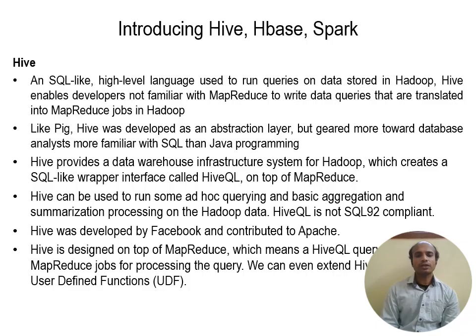Hive is an SQL-like high-level language used to run queries on data stored in Hadoop. It enables developers not familiar with MapReduce to write data queries that are translated into MapReduce jobs in Hadoop. Like Pig, Hive was developed as an abstraction layer, but geared more toward database analysts more familiar with SQL than Java.